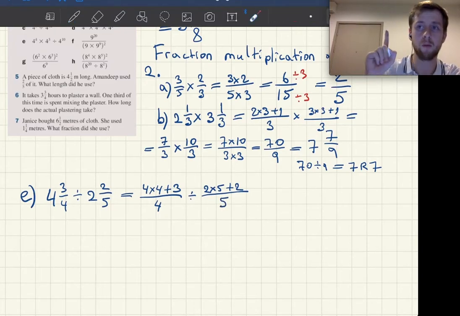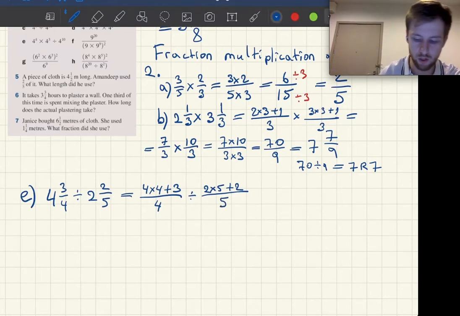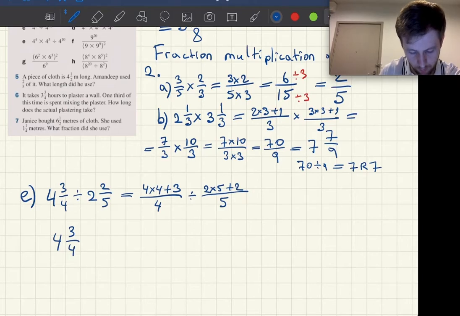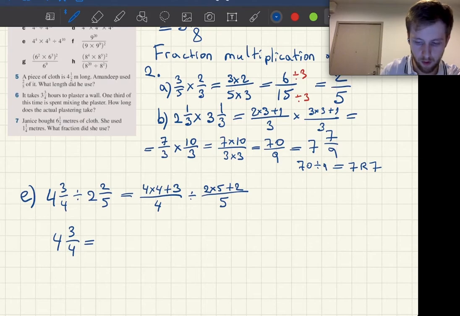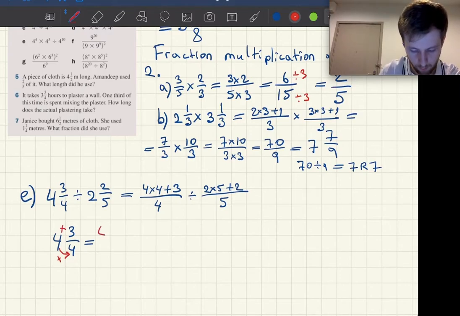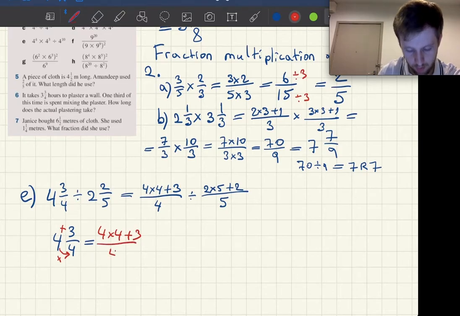So again, one more time, how do we do this? 4 and 3/4 equals: we do 4 times 4 plus 3, and we leave the denominator the same. This is how we convert from a mixed fraction to an improper fraction.